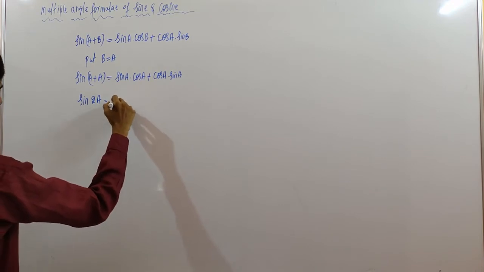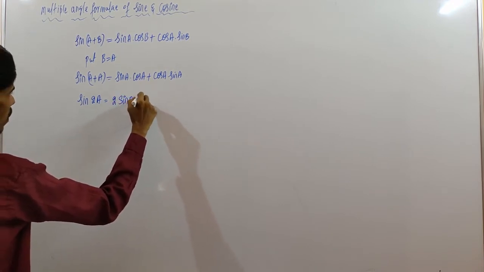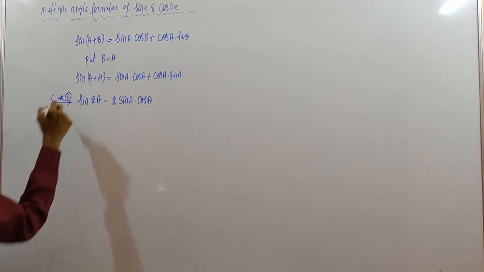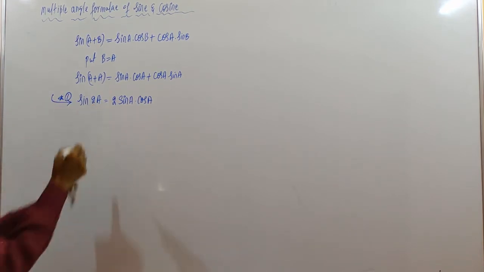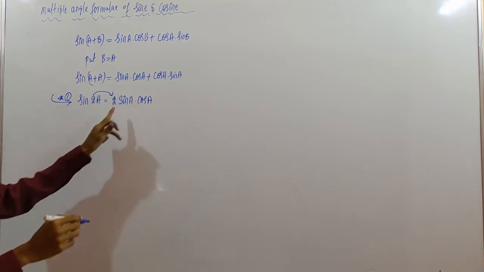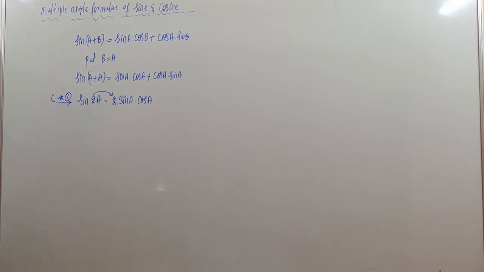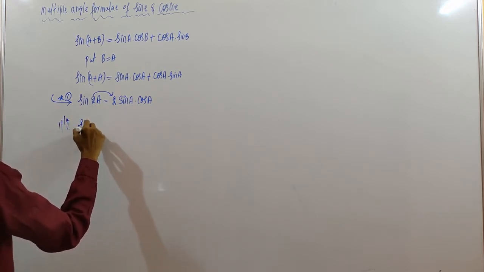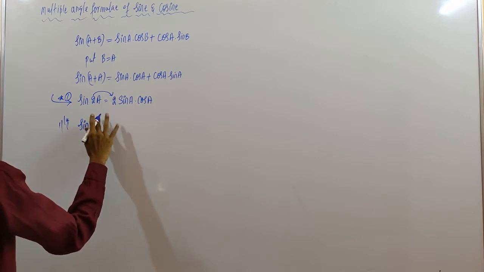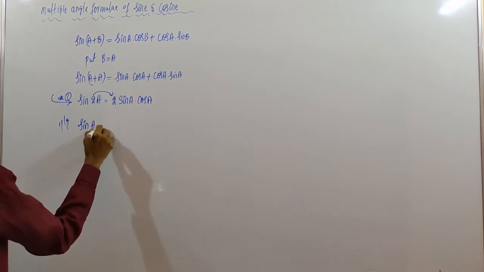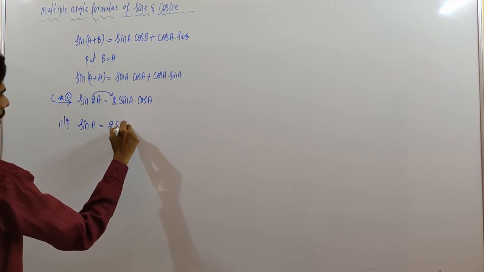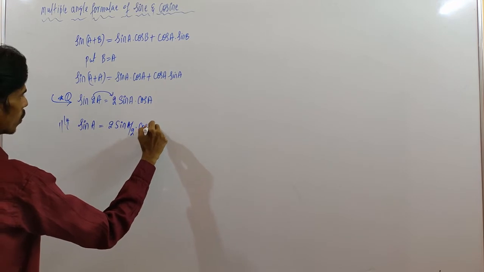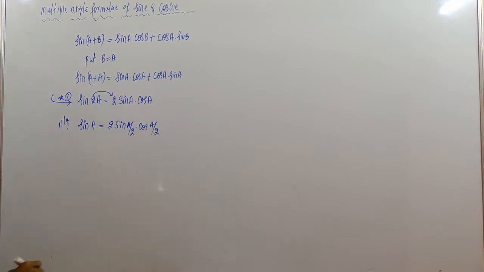It will become 2 sin A cos A. So this is a very important formula. Formula 1: sin 2A equals 2 sin A cos A. Similarly, if we have sin A, we will get 2 sin A by 2 cos A by 2.